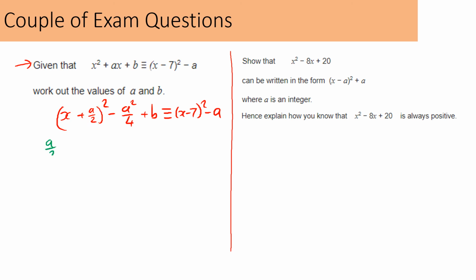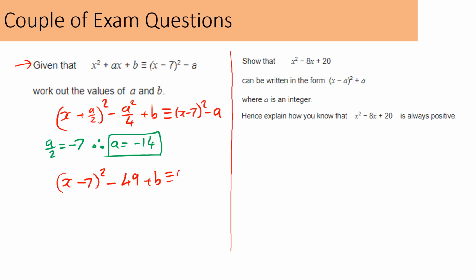So a over 2 is equal to minus 7, so a is equal to minus 14. So what does that actually give us? That gives us x minus 7 all squared, take away a squared over 4, so that's going to be minus 49, because it's just 7 squared, plus b.